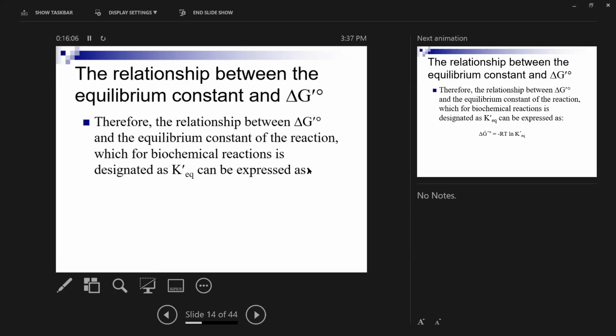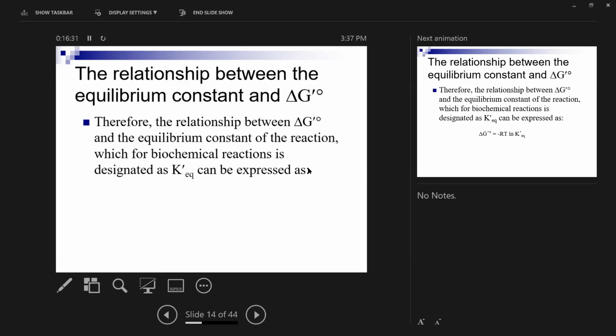So the relationship between delta G and KEQ is well understood, but because it's the standard biochemical free energy change, you're going to have a KEQ that is significant for biological reactions under biological conditions, pH 7 in water.